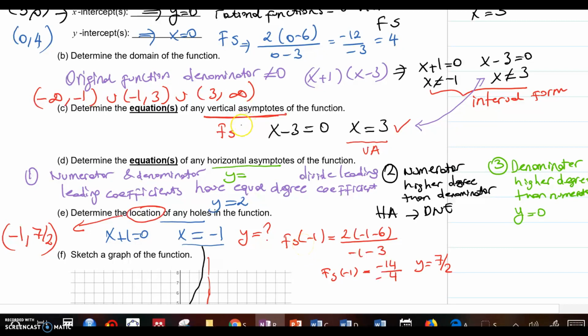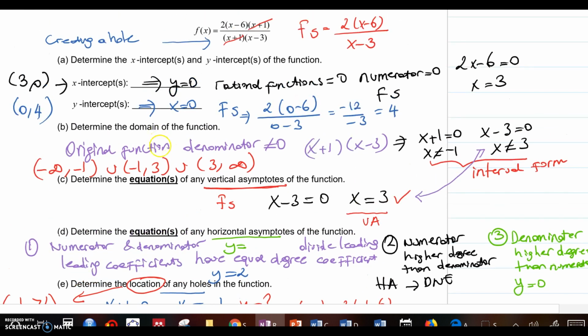Be careful about your vertical asymptote. You don't include the hole. Vertical asymptote is an equation, and it's an equation x equals 2. Horizontal asymptote, it's an equation y equals 2. Be careful with that. And the domain of the function, be careful you're including the vertical asymptote and the hole.